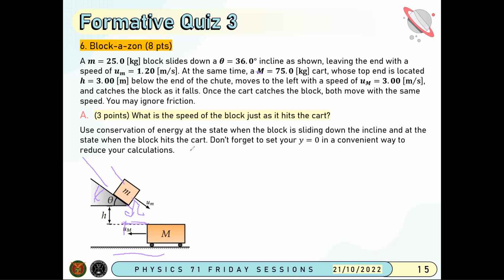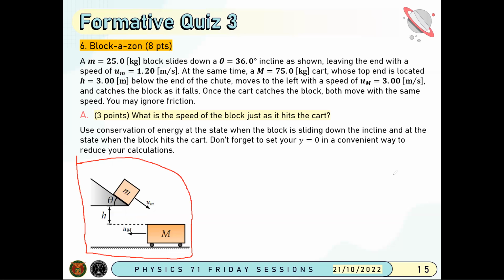Okay. First question, what is the speed of the block just as it hits the cart? Just as it hits the cart. Okay. So for this, we can use conservation of energy, right? And then define our initial and final state. So again, this is our initial state, right?